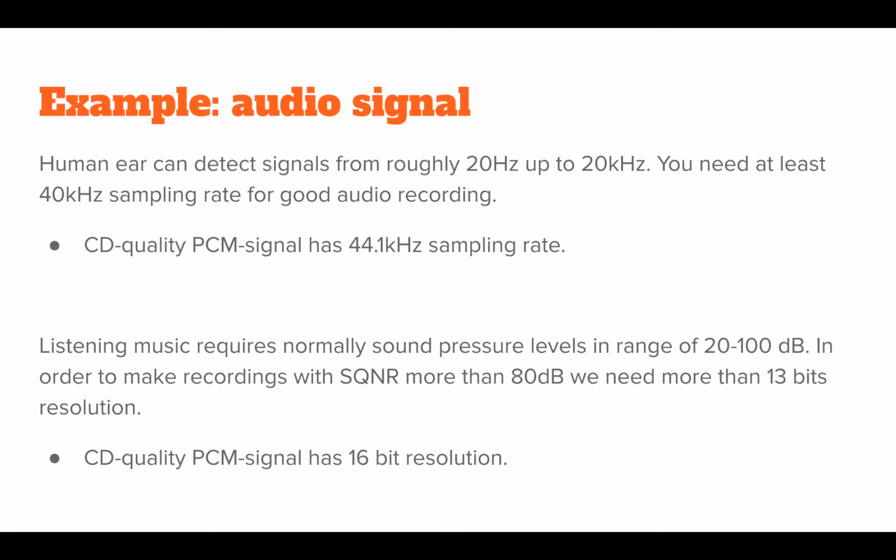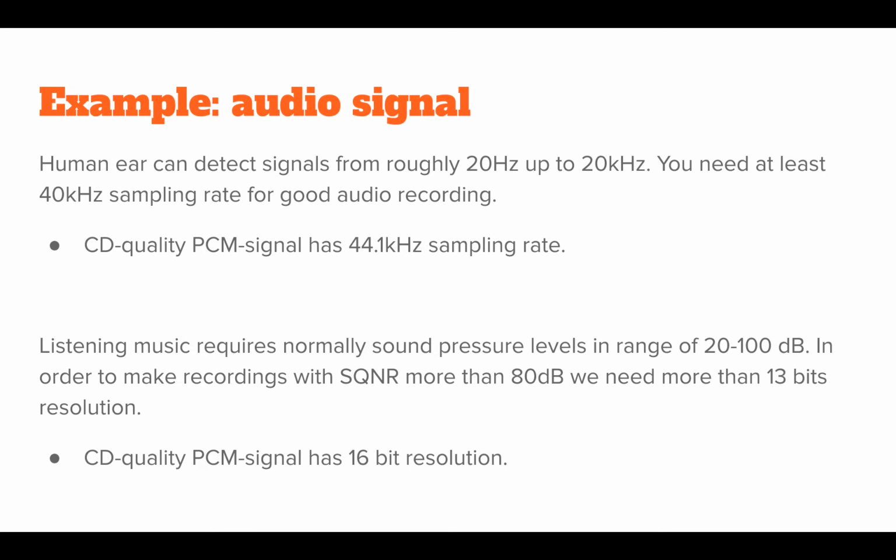So in order to make recordings, the signal to quantization noise ratio should be more than 80 dB, which is just 100 dB minus 20 dB. So we need at least 13 bits resolution, and the CD quality PCM signal actually has 16-bit resolution. So that should be enough.